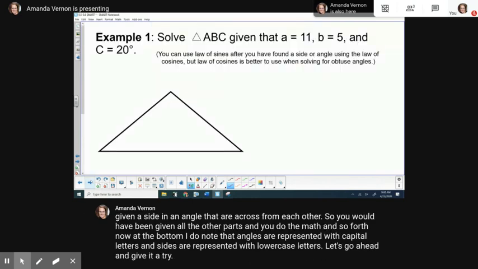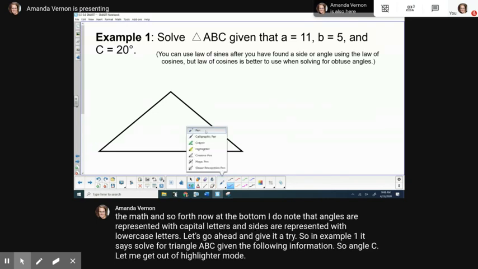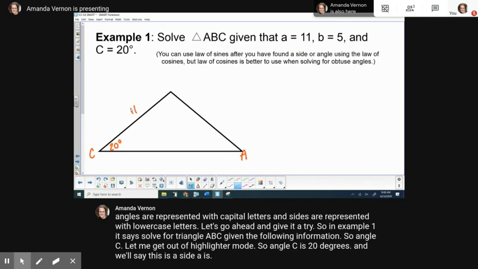So in example 1, it says solve for triangle ABC given the following information. Angle C is 20 degrees, side A is 11, and side B is 5.